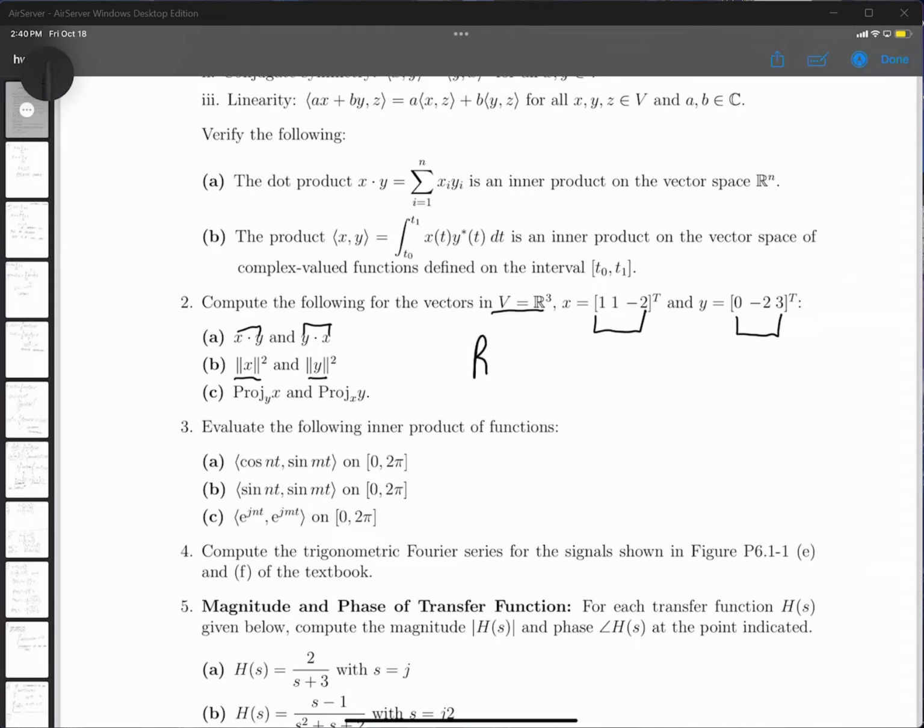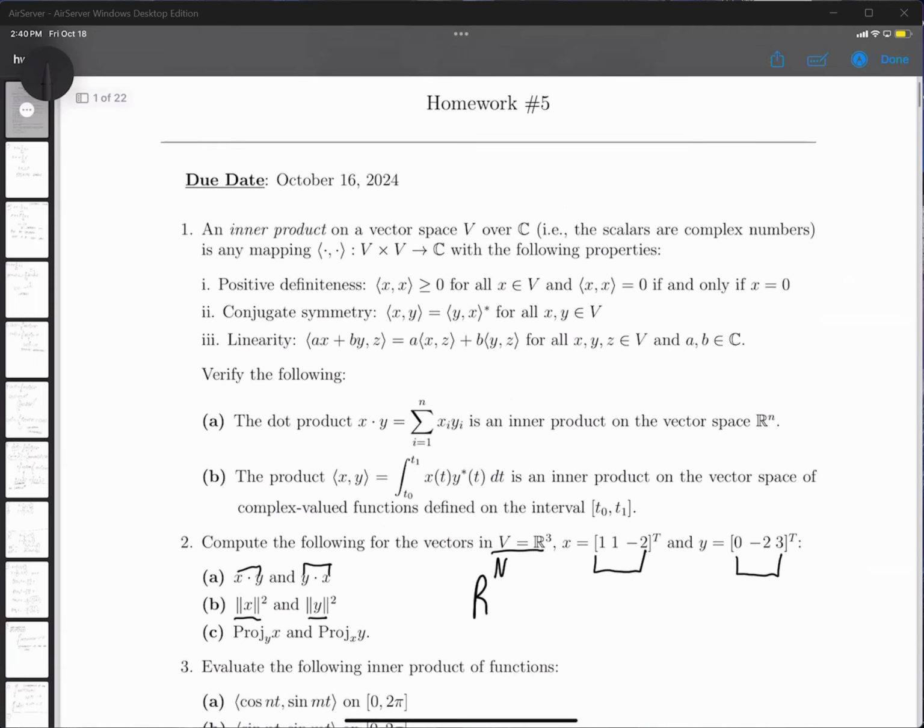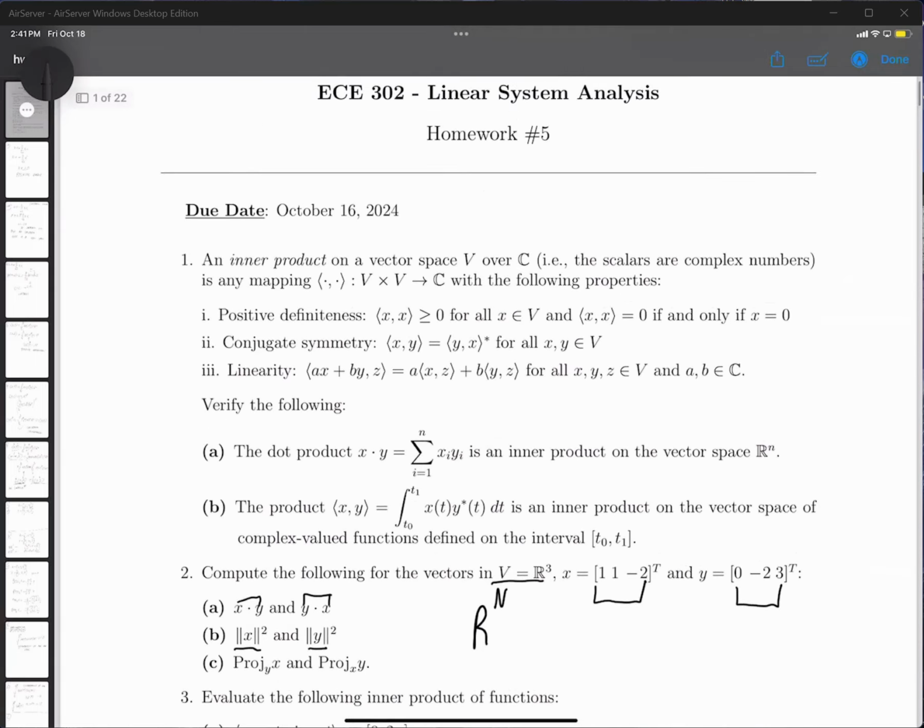R of n declares the amount of dimensions for the vector specifically. X, Y, Z. Notice how there's 3 for X and Y. That's because R is set to 3. We're in 3D space. We can go to 4, 5, 6, 7, 8, 9, 10D. That's why when we're doing the ones up here, right, where does it say it?